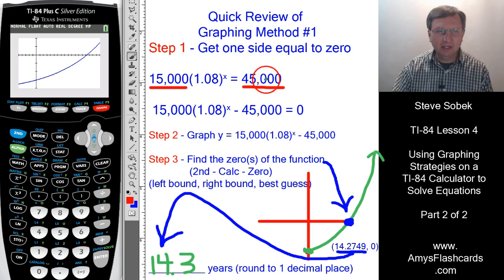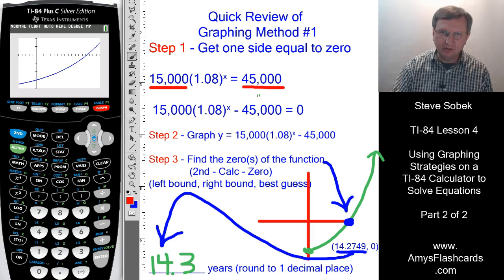So this was the equation that we came up with. And you may or may not understand how we obtained that equation, but that's not our concern today. My purpose is not to teach you anything about investments. Our purpose is exclusively to teach you how to use graphing methods to solve equations.